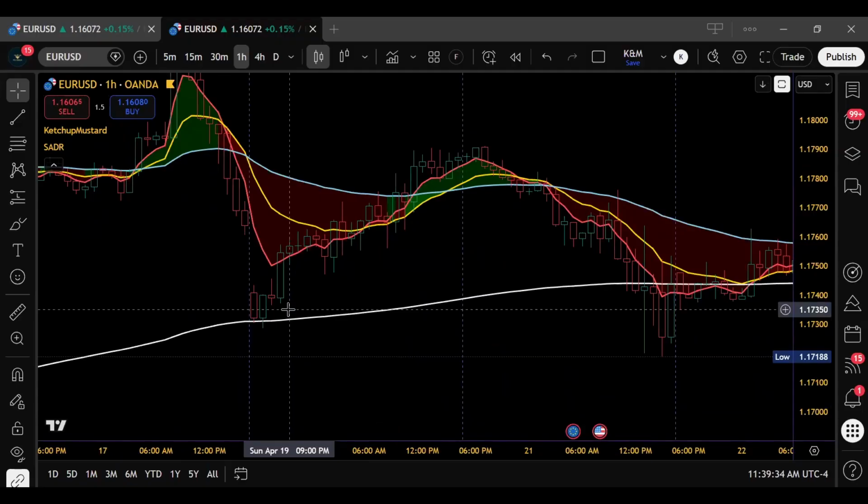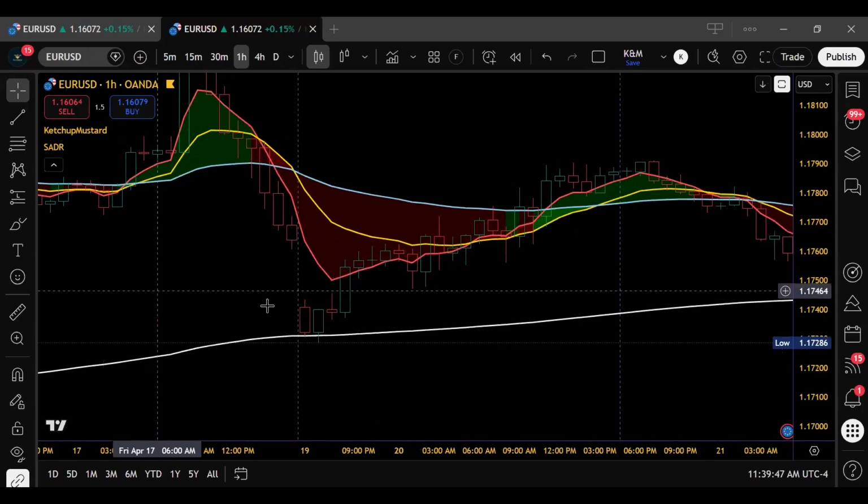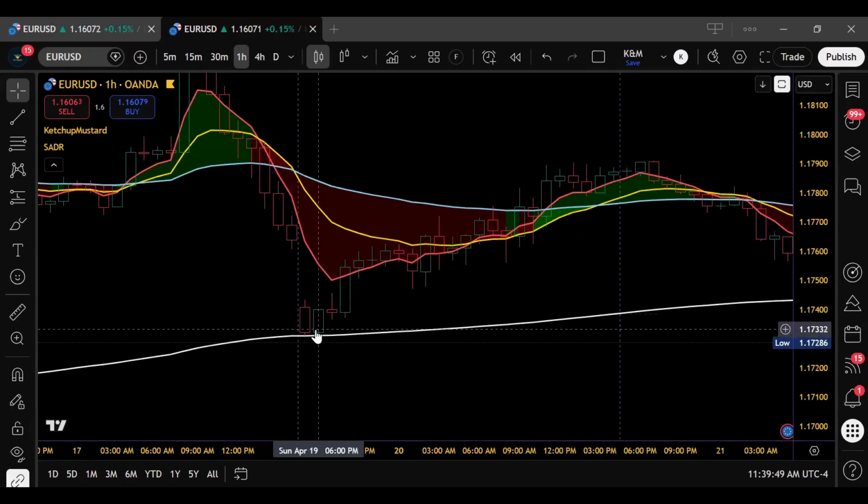It looks like a morning star. Nah, there's no morning star. What did it engulf next to it? Dojis have to be in the middle of railroad tracks to be morning and evening stars. There's no doji in the middle of that.